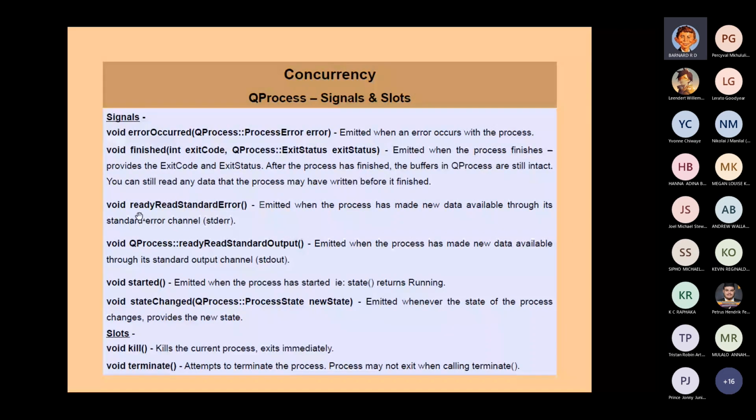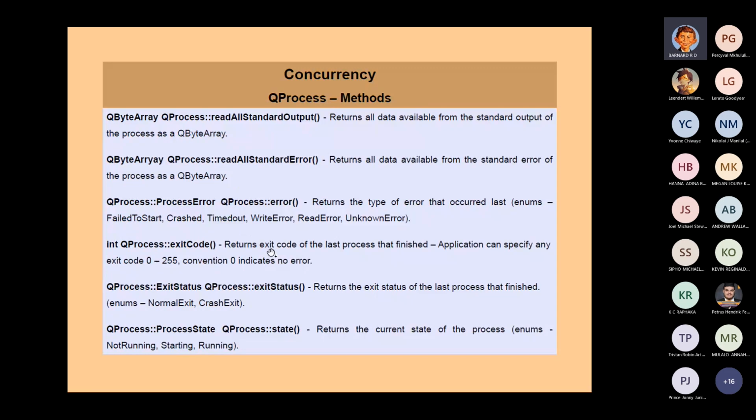One that you will use is readyReadStandardOutput. So whenever your process has some output available, it will emit the signal readyReadStandardOutput. And I'm just going to go back a page, and you connect, use this one here, the readAllStandardOutput method, to actually read that standard output.